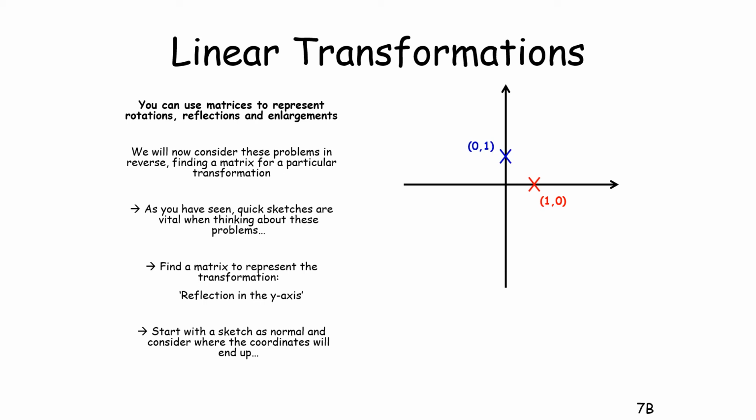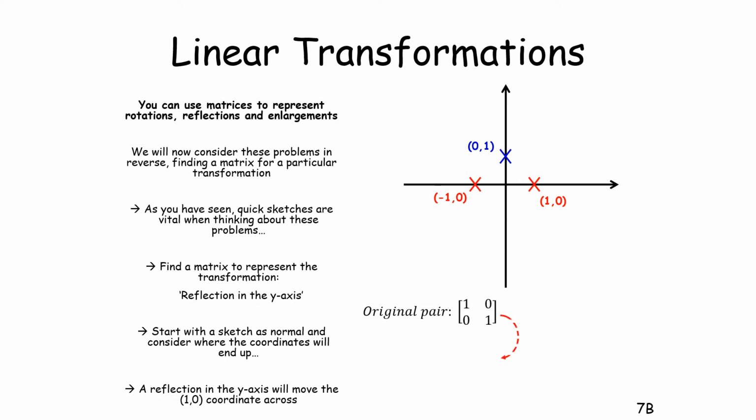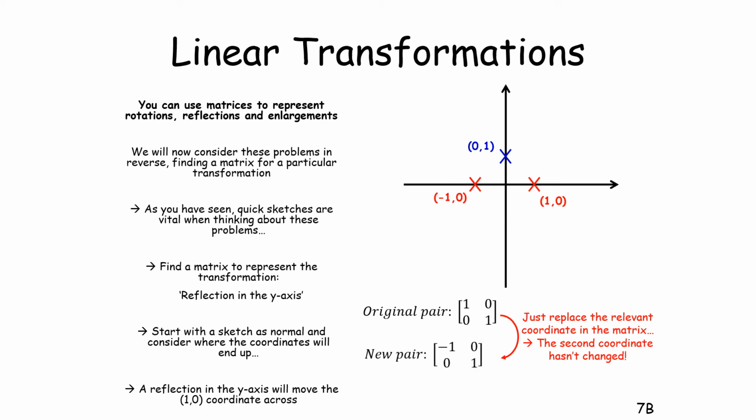So we've got 1, 0, 0, 1, and the reflection in the y-axis will move the 1, 0 coordinate across. So the original pair 1, 0, 0, 1 will now be -1, 0, 0, 1. This matrix will perform a reflection in the y-axis.